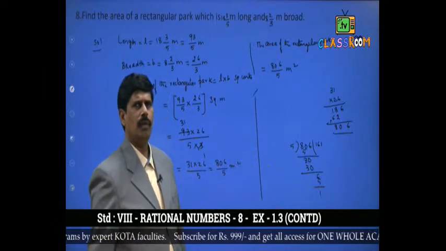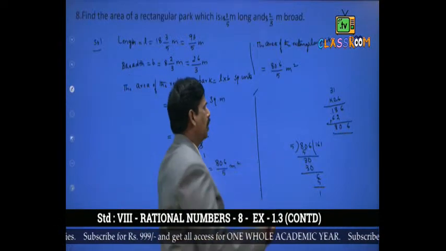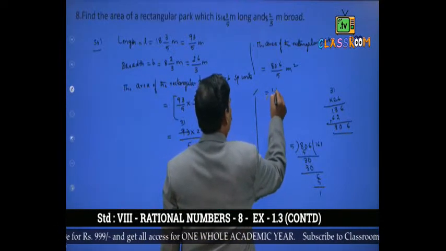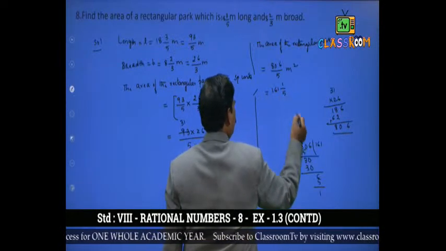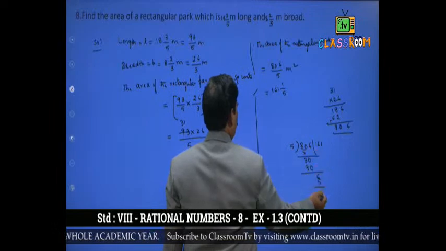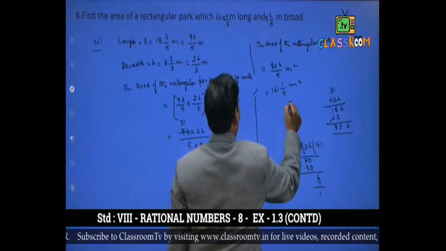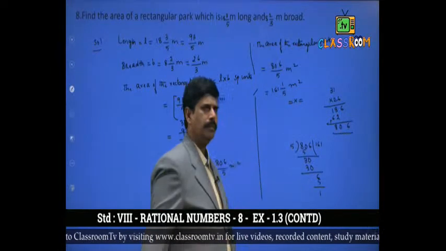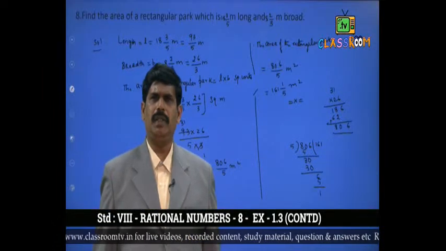So now what we get here is 161 quotient, remainder 1, and we have to write the quotient, remainder and divisor, meter square. This is the area of the garden. Is it clear? Now let us see the next question.